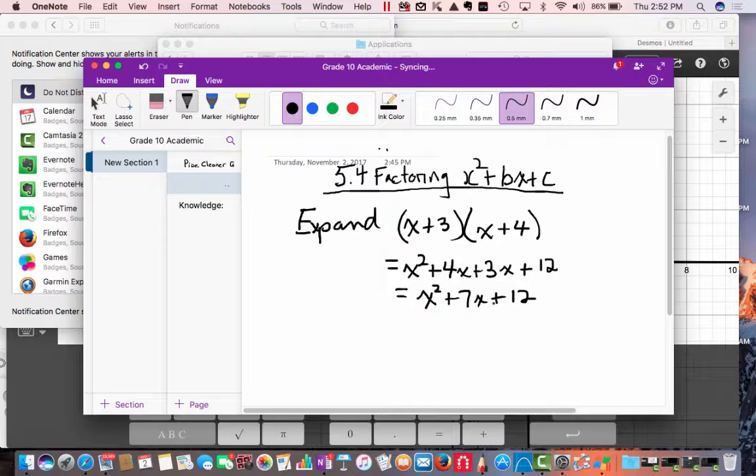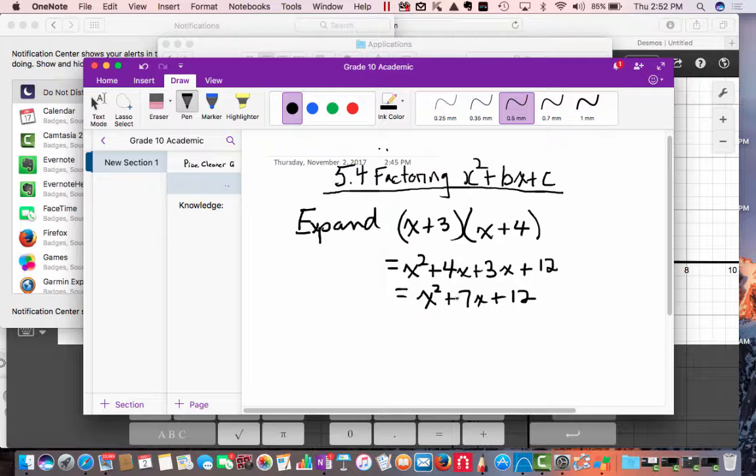As you can see here in this trinomial, there are no common factors, but it is in the form given in the title, x squared plus bx plus c. You see any connection between the numbers we end up with in the brackets and the numbers in the original trinomial?